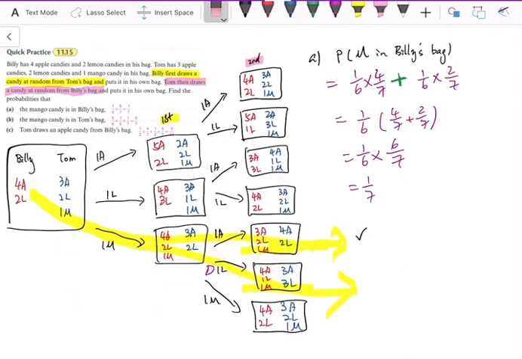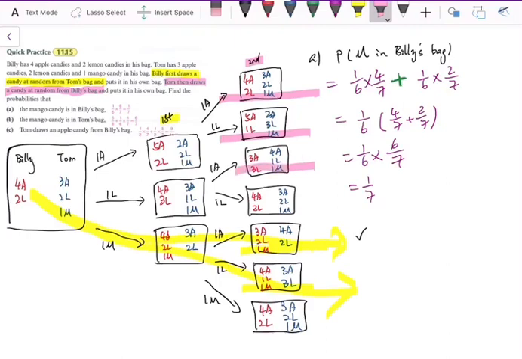After you finish the A part, now let's take a look at the B part. The B part is asking, the mango candy is in Tom's bag. So what we need to do is, please try to find all the mango flavor in Tom's bag.